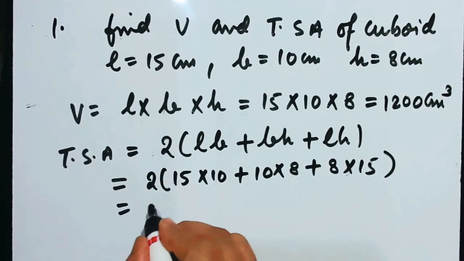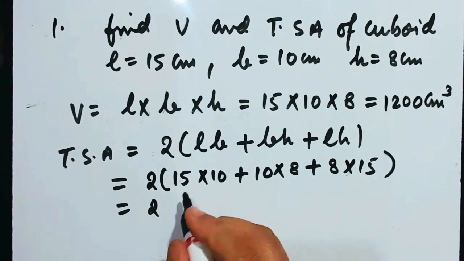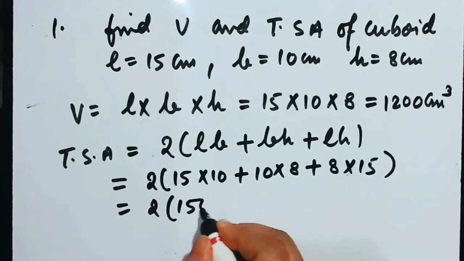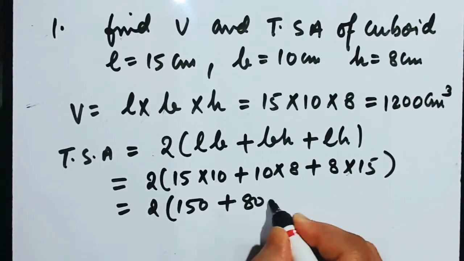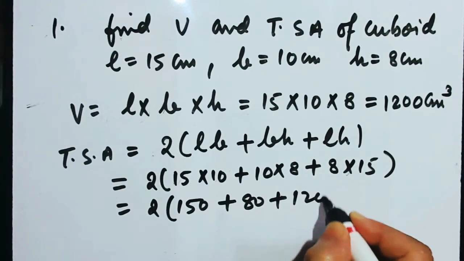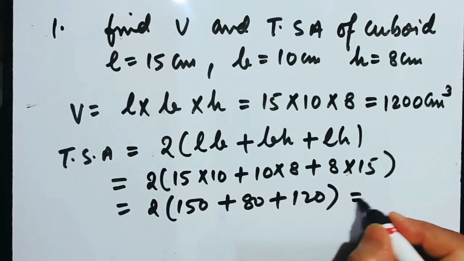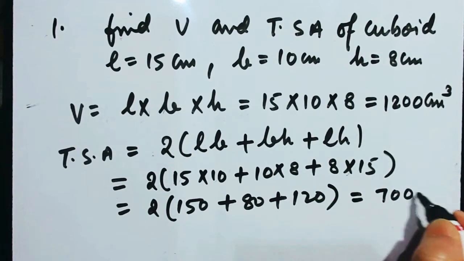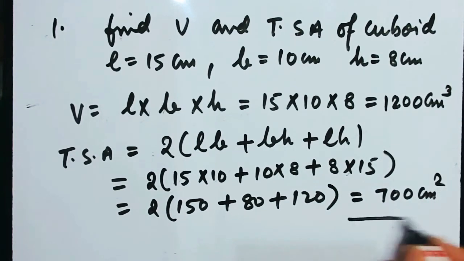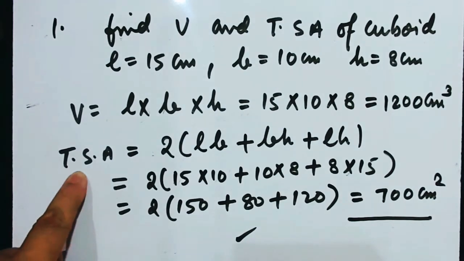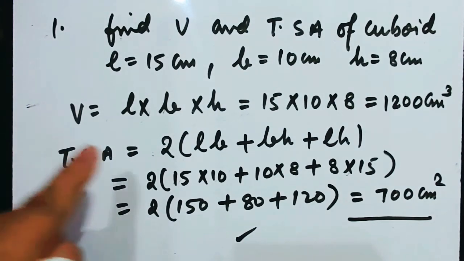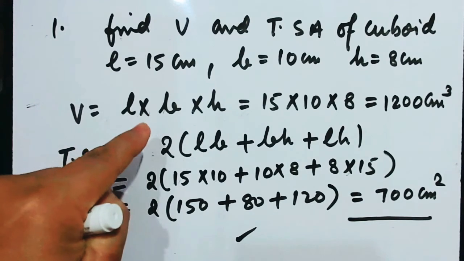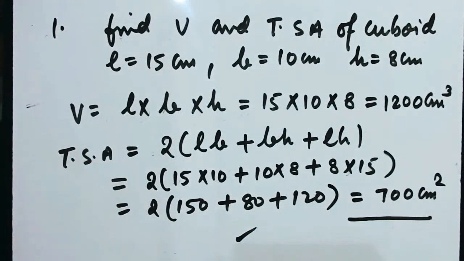Twice multiplied by 150 plus 80 plus 120 will give you a value 700 centimeter square. So this is how we find out the total surface area and volume, provided we know the formula. Clear? Similarly, the second part also deals with the same thing.